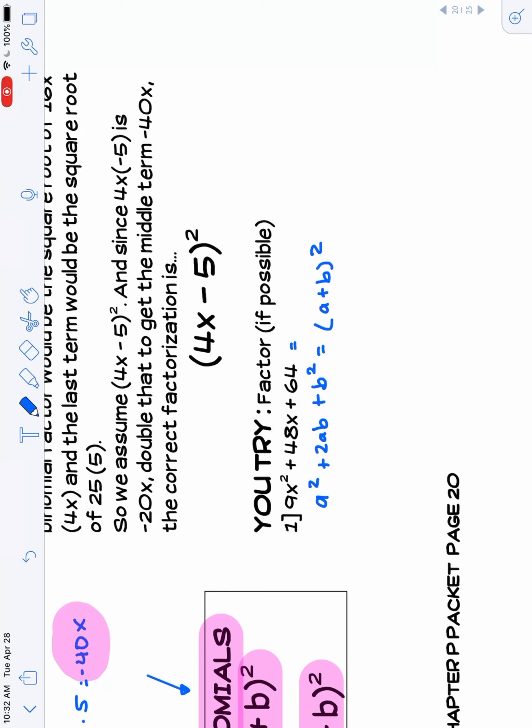So what's the factored form? We're looking for the factored form. First thing, 9x squared. That is a perfect square. The square root of 9 is 3. The square root of x squared is x. Then I look here. The square root of 64 is 8. Is this the factored form?